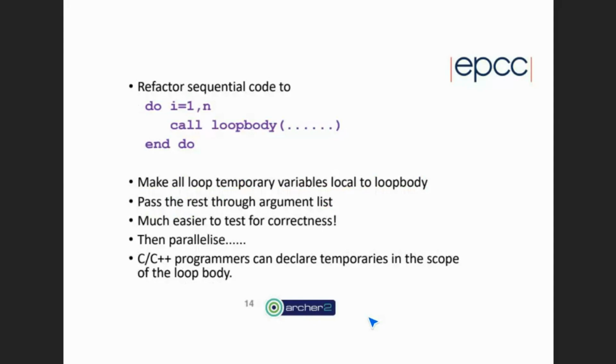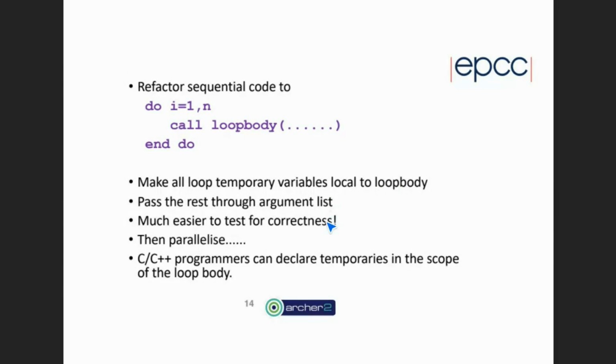Okay, in this case, it's probably a reasonable idea to refactor your code so that you put all the code in the body of the loop inside a subroutine call. And then anything that's temporary inside the loop, you can declare locally inside the subroutine, and then pass everything else through the argument list.